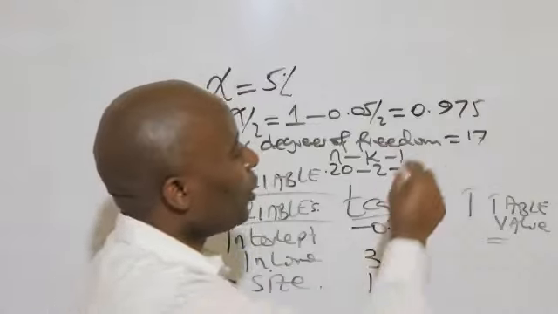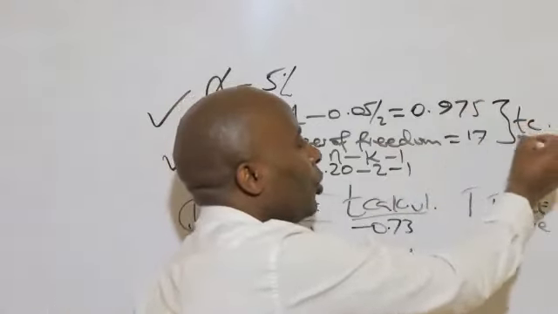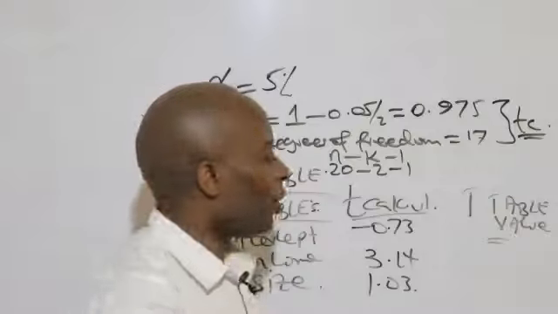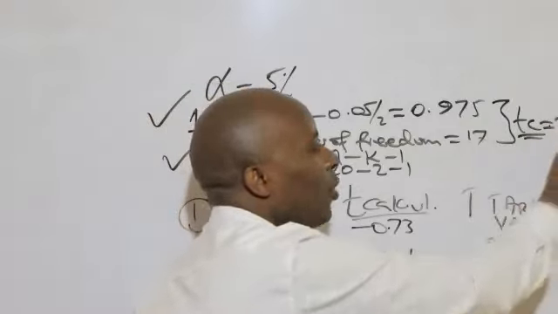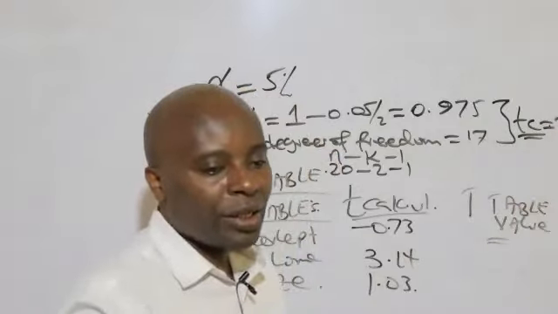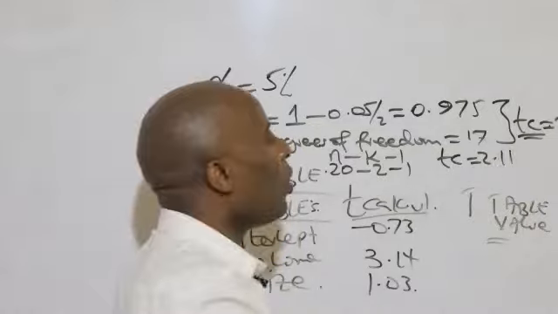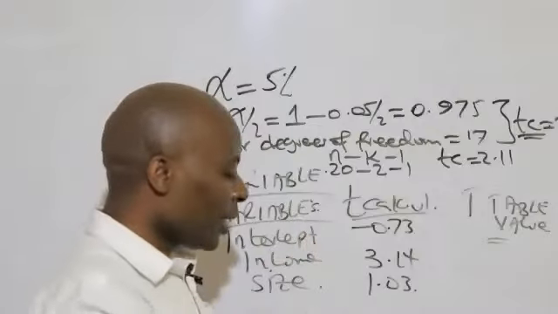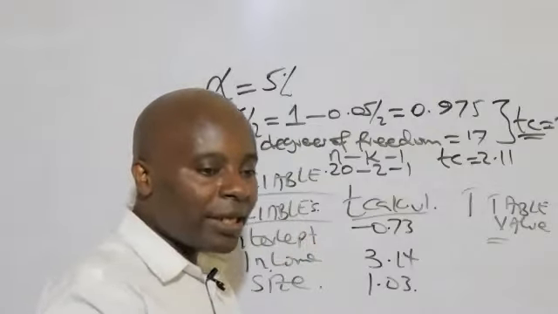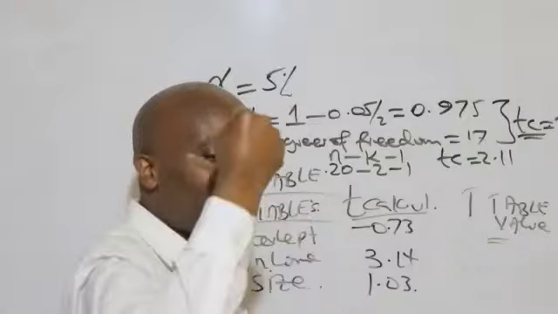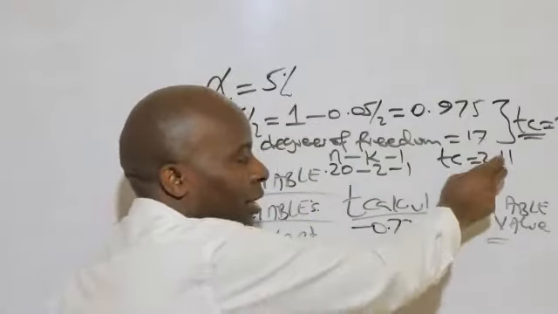If you do it that way, you'll be able to give us what we call T critical, which is 2.11. And remember, ladies and gentlemen, if our T critical here is 2.11, our variables can only pass the test if they are significantly bigger than this 2.11.